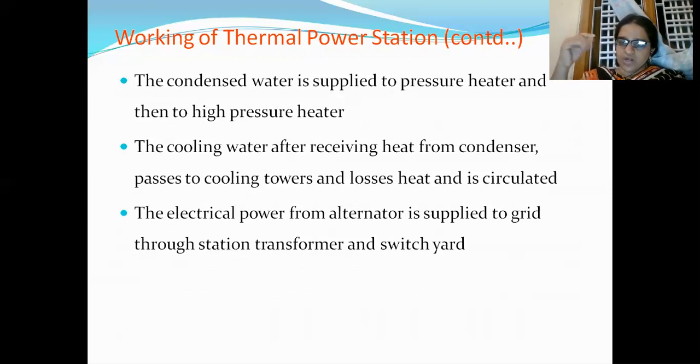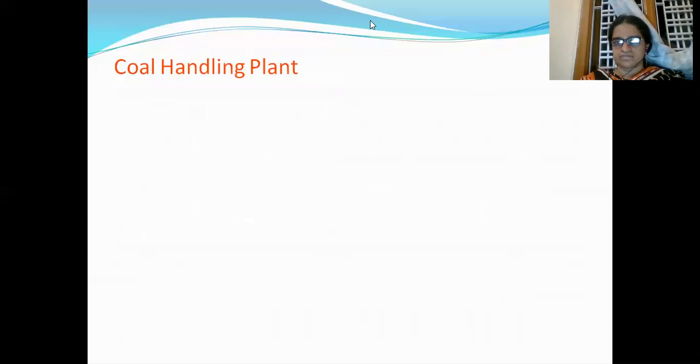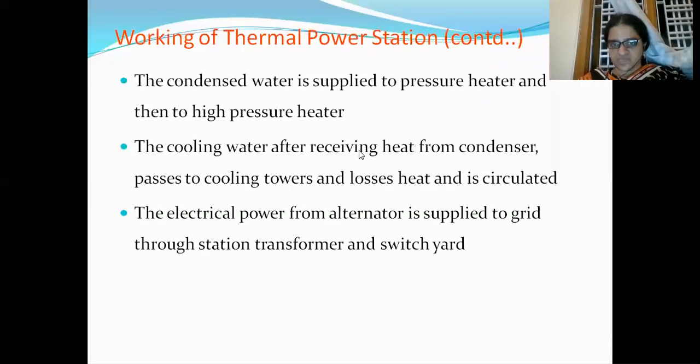As we are passing cooling water around the tubes of the condenser, the cooling water receives the heat from the condenser, and the temperature of this cooling water also rises.